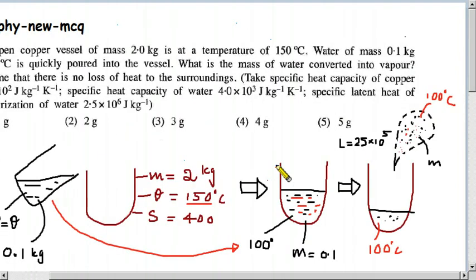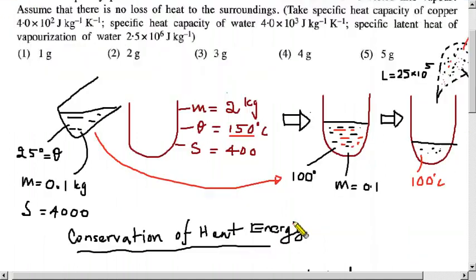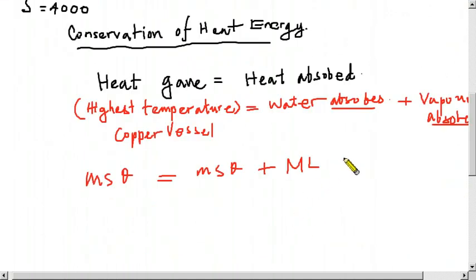L is latent heat, specific latent heat of vaporization of water, so that is given. So no temperature change, therefore no theta term here. Even though we write theta, you must remember it is theta 2 minus theta 1.